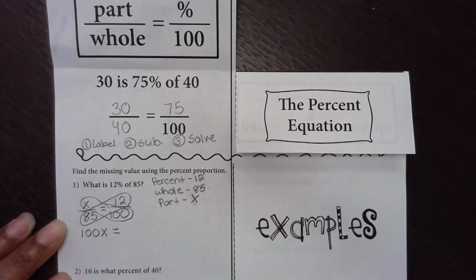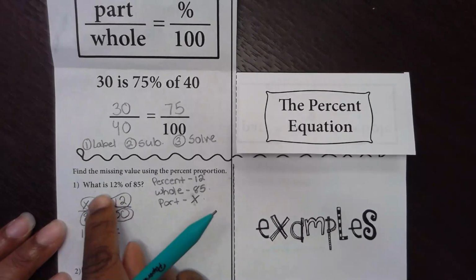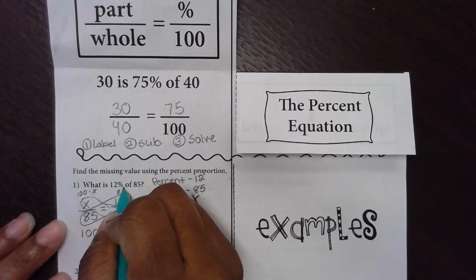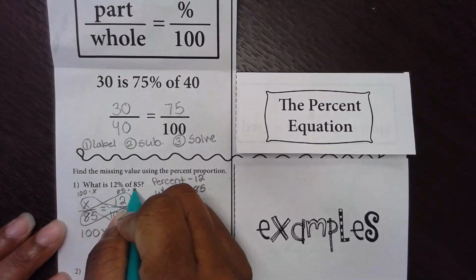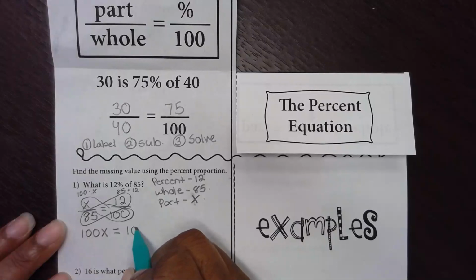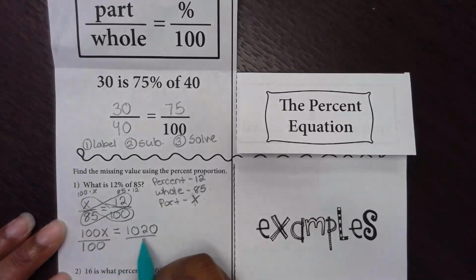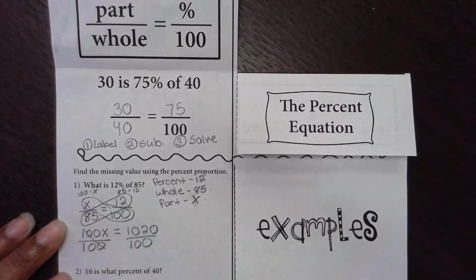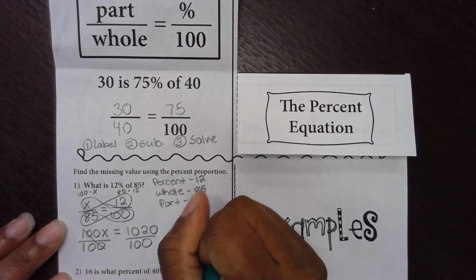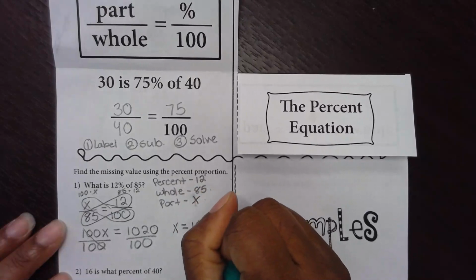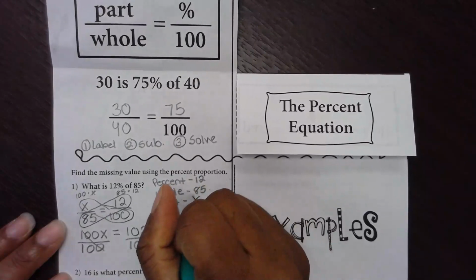If you had forgotten how to do the cross multiplying, this is 1020, and then divide by 100. So the part that they are asking about, 12% of 85 is 10.2. That's your answer.